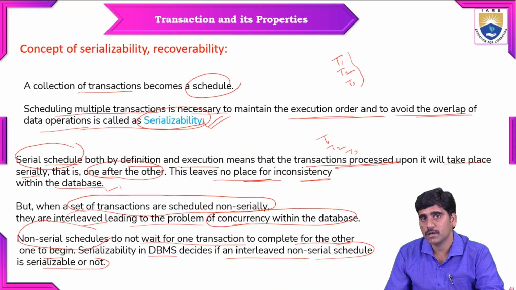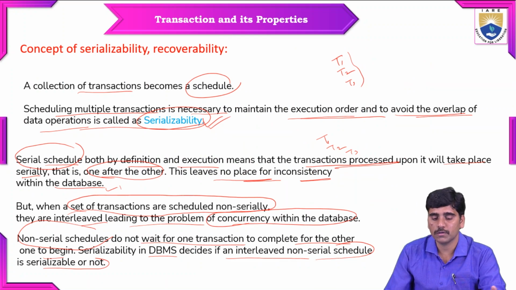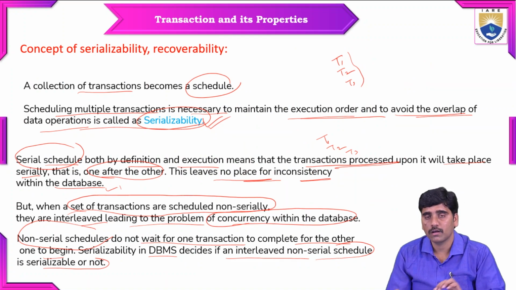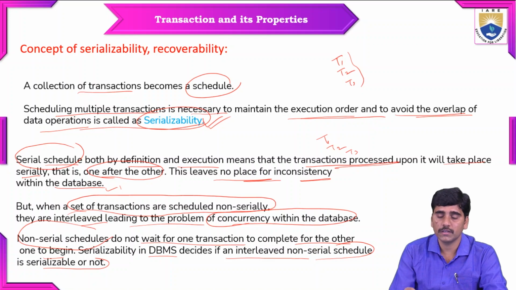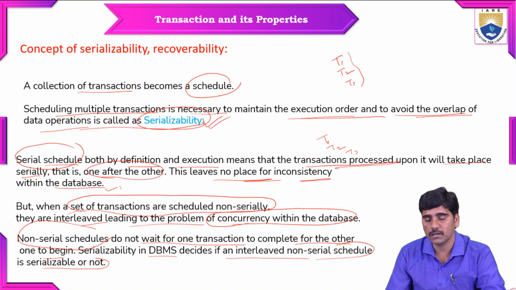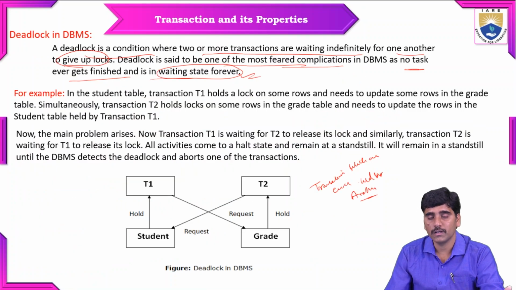Then the concept of serializability. With the concurrency controlling mechanism, we can schedule the transactions in a serial way and a non-serial way. By scheduling in the serial way, we can reduce concurrent execution as well. And the last one is the deadlock situation. What is meant by a deadlock situation?